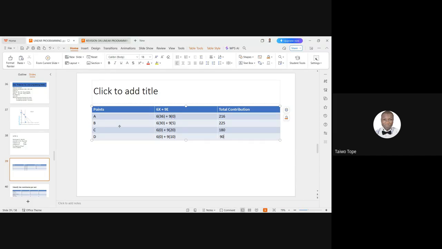But the question wants you to determine the highest contribution. So this is what the question wants you to do anyway. But for knowledge purposes, this is the solution table.